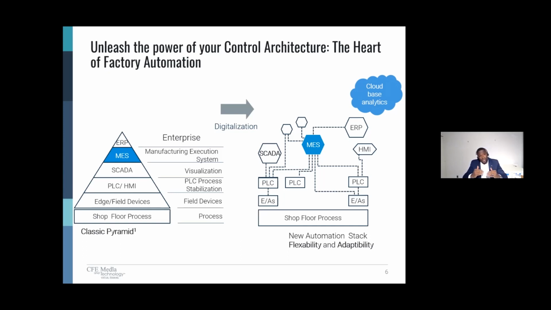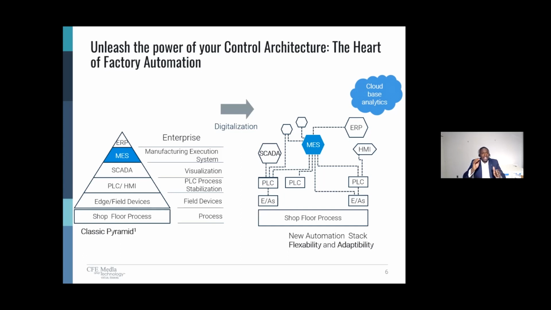Now at the bottom, you have something additional there that's part of 4.0, and that would be operating on the edge. And we'll talk just a bit about that on the right-hand side. The main thing I want you to see is that we are talking about unleashing the power of your control architecture. So is it flexible and adaptable? But what's the difference between the classic pyramid and where we are today?